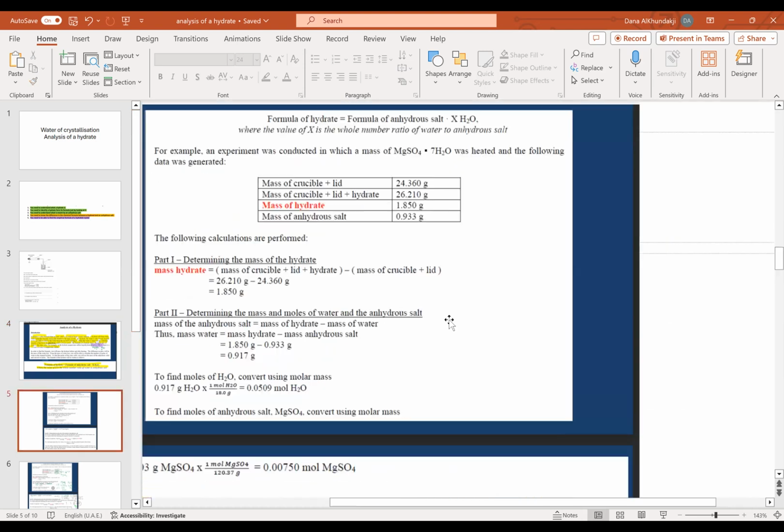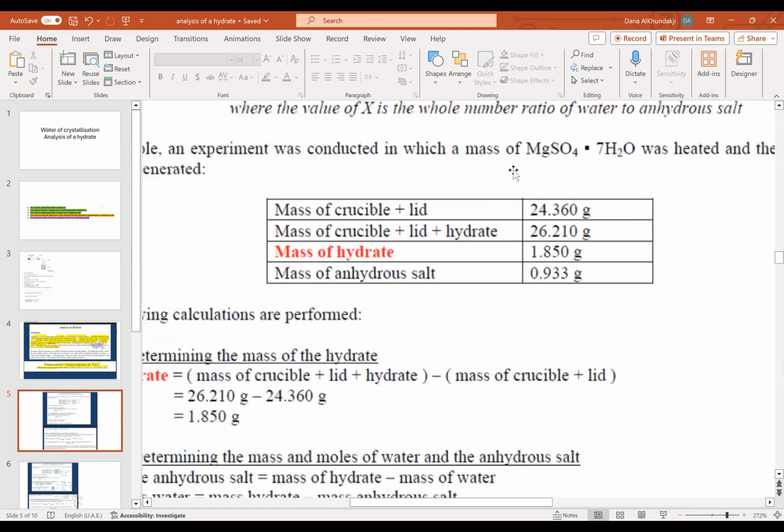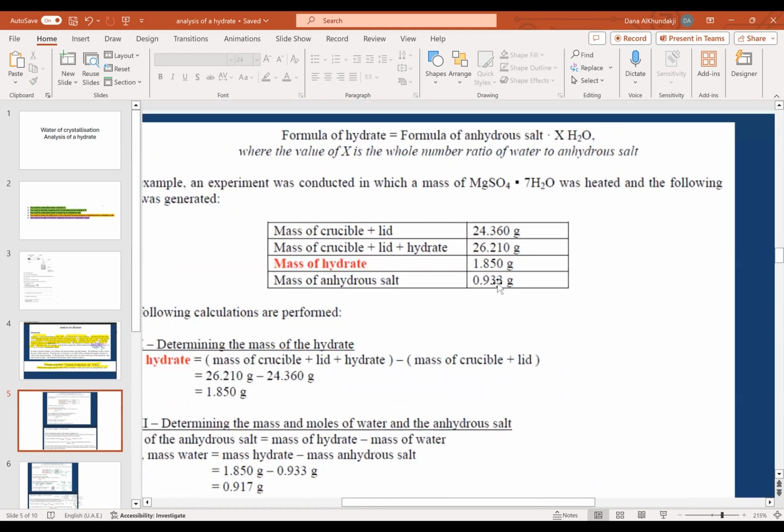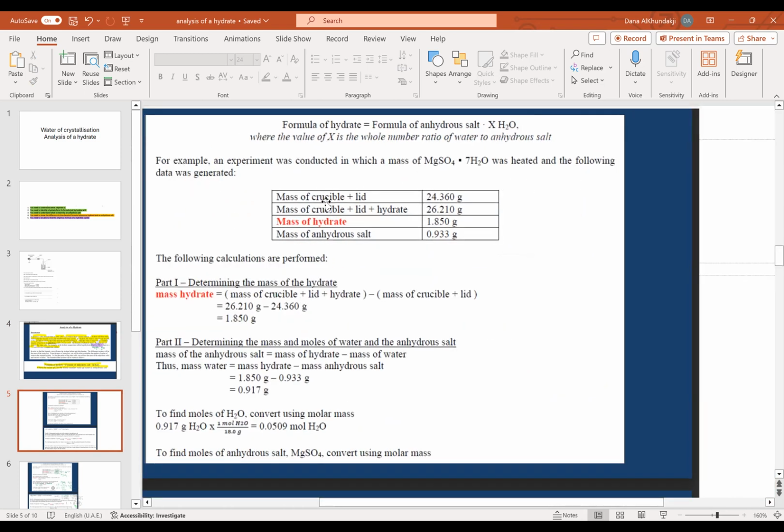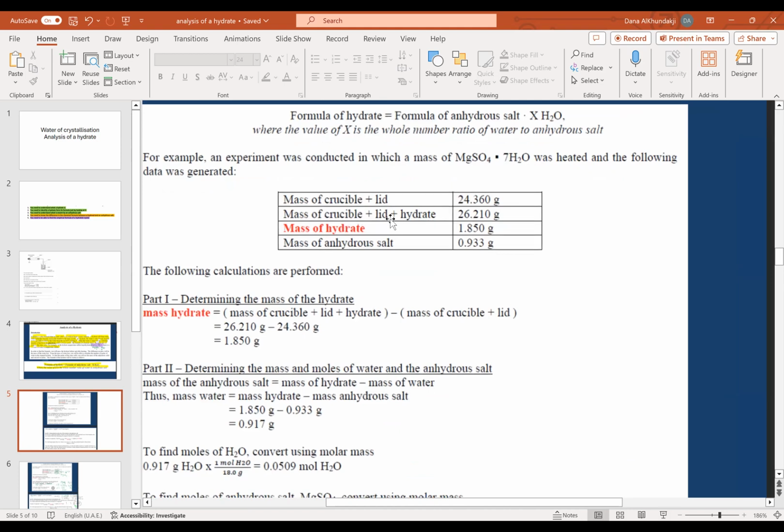Now in the lab, experimentally, you will be given masses only, and so you have to deal with these masses in order to convert them to moles. So this is an experimental setup where they conducted the experiment, and in a crucible, the crucible and lid mass was recorded. Then the crucible, lid and the hydrate, basically before it lost the water as a crystal form, the mass was recorded as this, and then they found the mass of the hydrate by subtracting these two values.